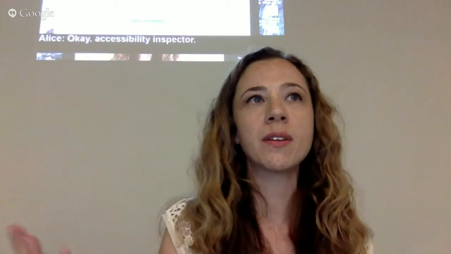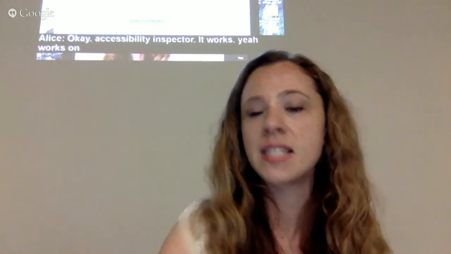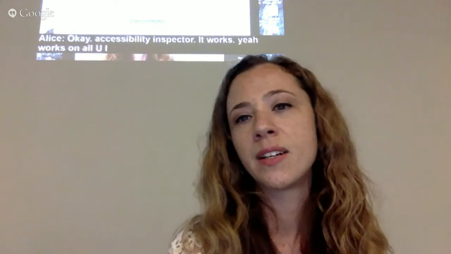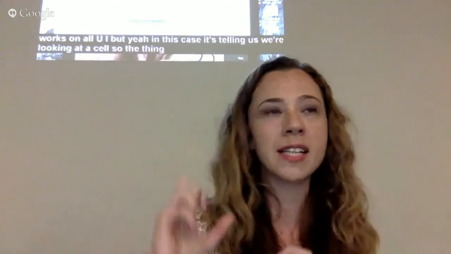So this is the accessibility inspector. It works on all UI. In this case, it's telling us we're looking at a cell, the thing that I've hovered over. Let me see if I can make this bigger. Oh, I can't resize it. That's unfortunate.